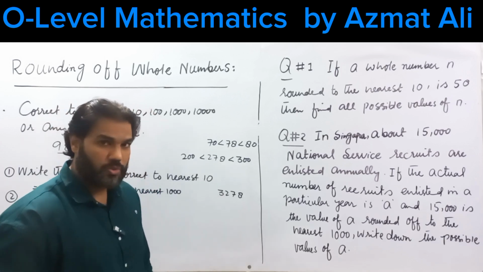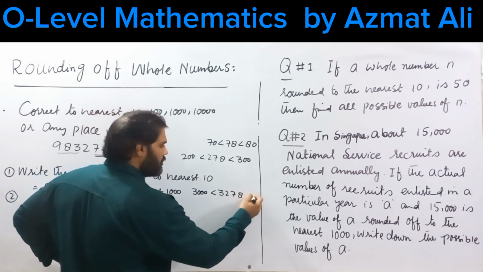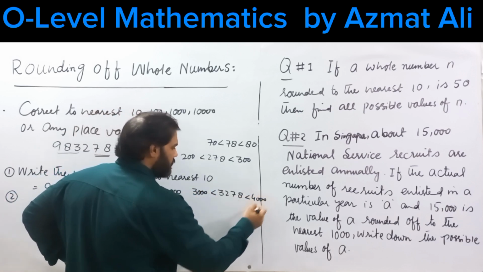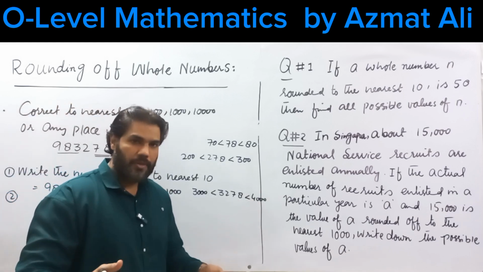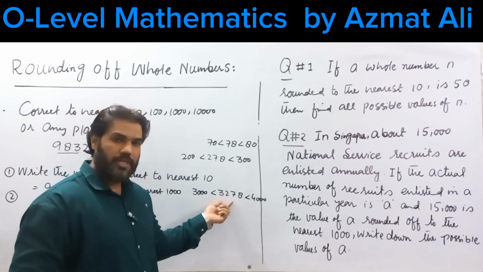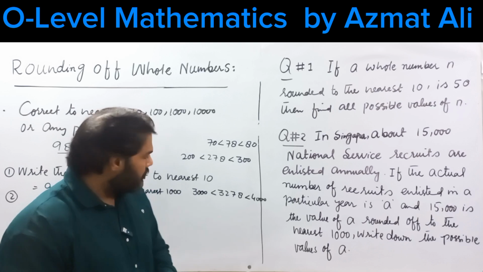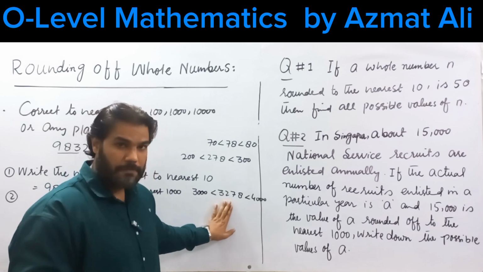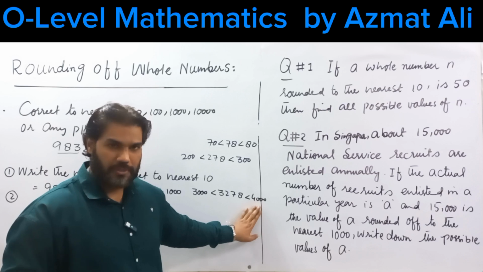Now this number 8278 lies between 8000 and 9000. Now you have to check the distance of this number from both ends, 8000 and 9000.